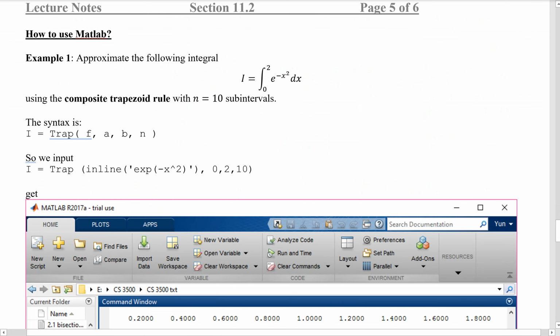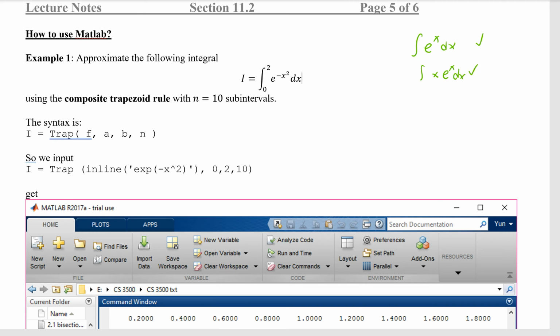Okay, so let's approximate this integral. By the way, you know we're not able to integrate this integral, do you know that? We can integrate e to the x dx, and we can integrate this guy by integration by parts.